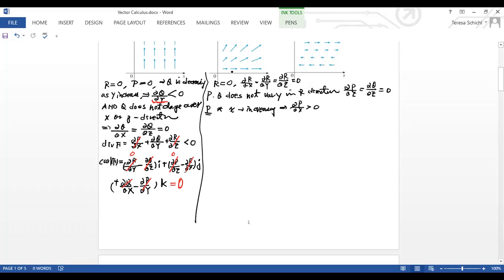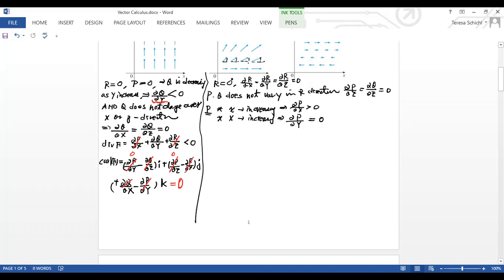But the y component does not change. Y is the same height, like you see here: this is x, this is x, this is x. So x increases but y remains the same for each one. Now for the y component, when x increases, what happens to the y component? It has not changed, so ∂P/∂y equals 0.